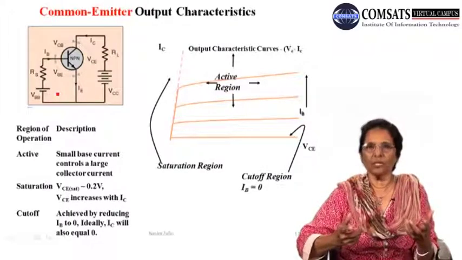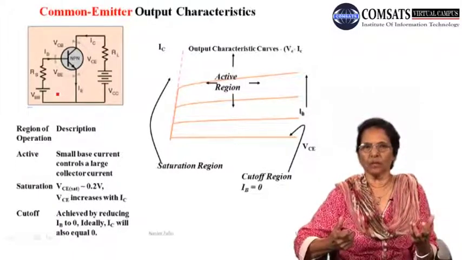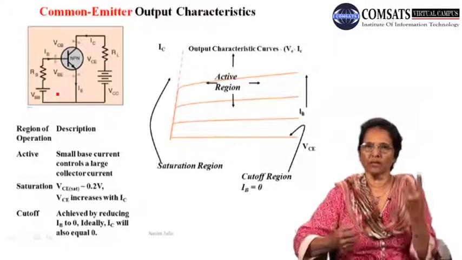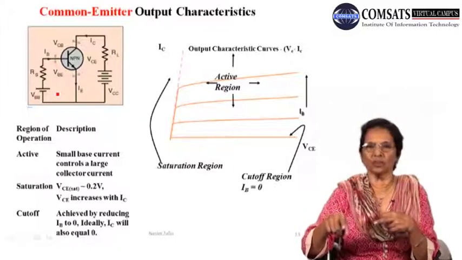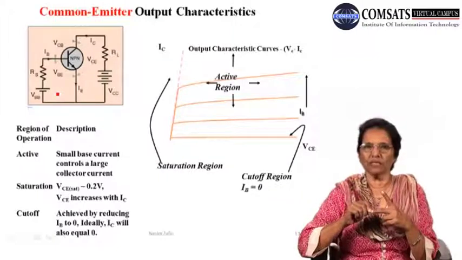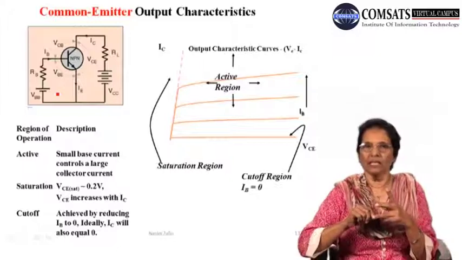In summary, we are obtaining large amounts of current by controlling two parameters, which, as you see from this transparency very clearly, are the base input current and the output voltage VCE.